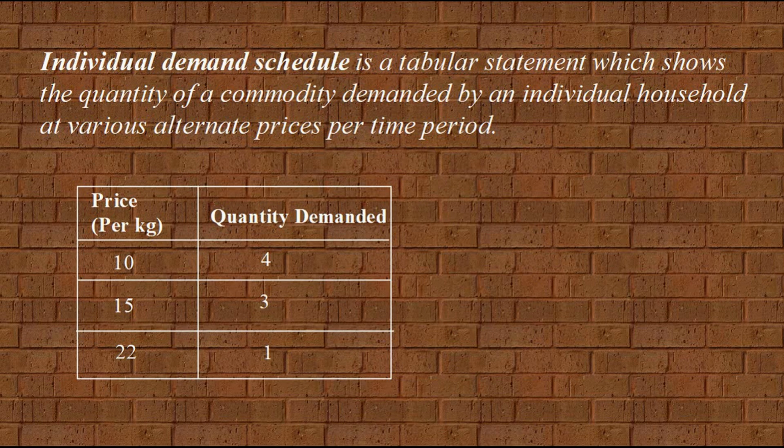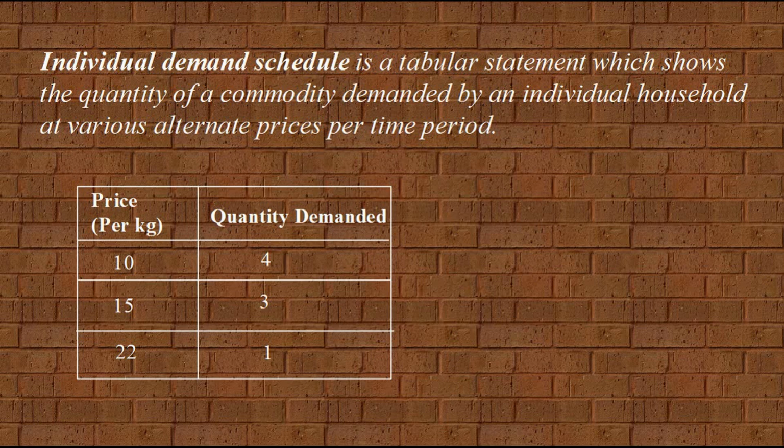An individual demand schedule is a tabular statement which shows the quantity of a commodity demanded by an individual household at various alternative prices per time period. You can see from the graph or the schedule that the higher the price, the lower the quantity demanded by the household.